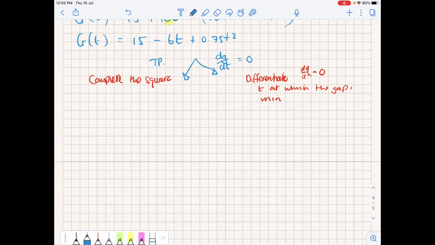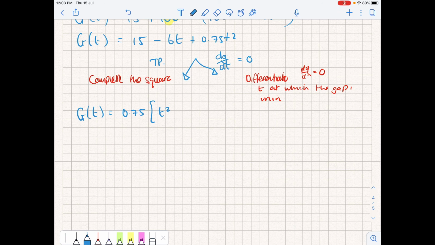So completing the square, I'm going to pull out that factor of 0.75 because it's just going to make everything very awkward. So if I pull out a factor of 0.75, I will get t squared, right?